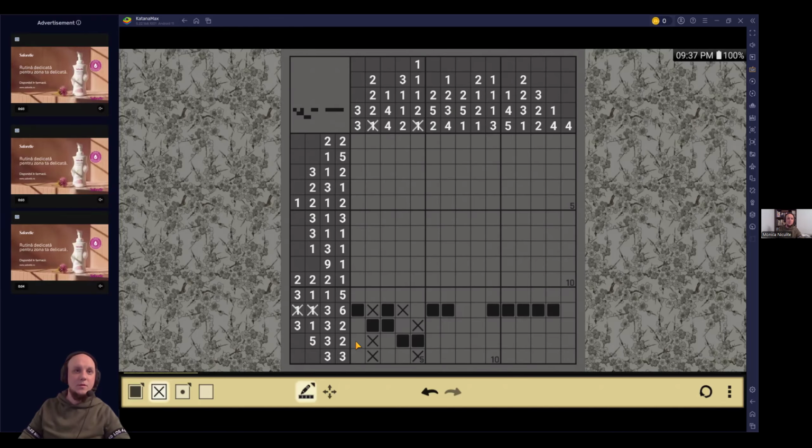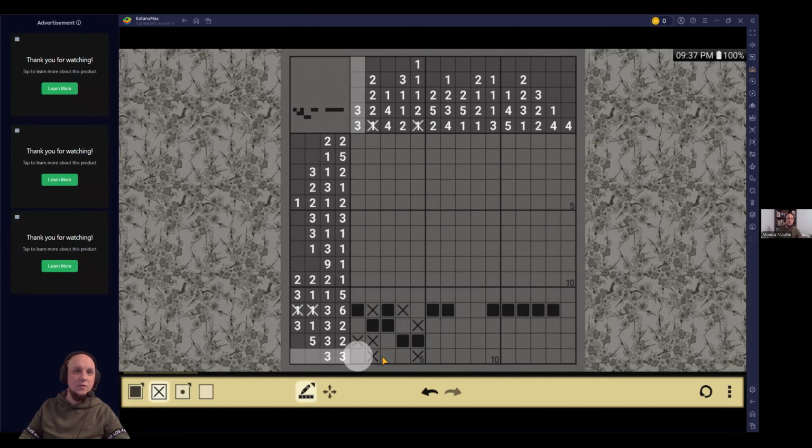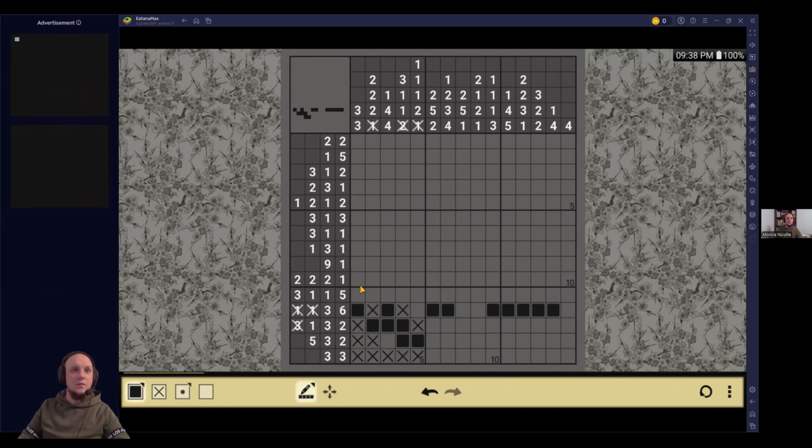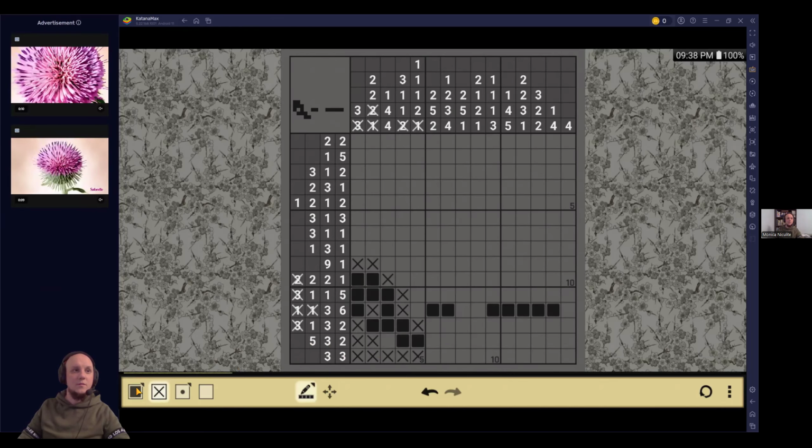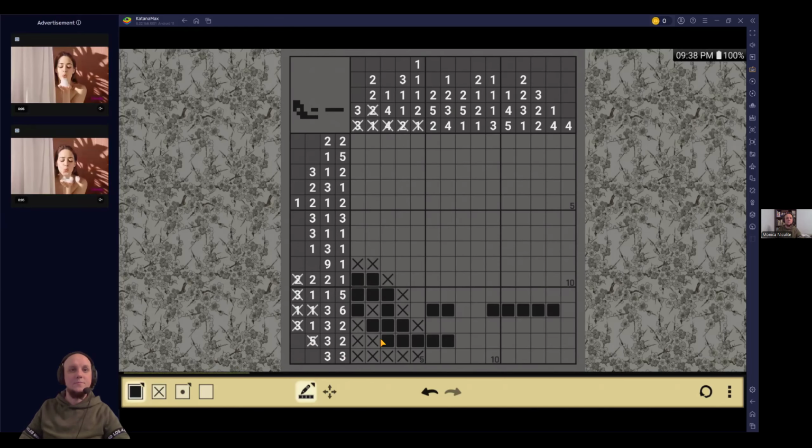On this column, the 5 definitely can't fit here, so that's an X. 3 can't fit here, so that's an X. 3 can't fit here, that's another X. That means here's the 2, that's the 3. That's another 3, 3, 2. Let's mark these as completed. That's the 4. I'm going to fill in the 5.